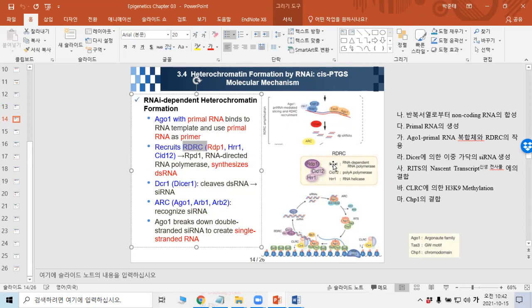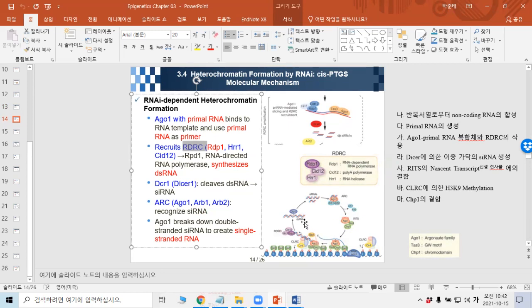So this is not RNA polymerase 2. In our multiple-choice questions, there was a question regarding this one. In RNAi-dependent heterochromatin formation, RNA-dependent RNA polymerase is working. So this is the RNA-dependent RNA polymerase.